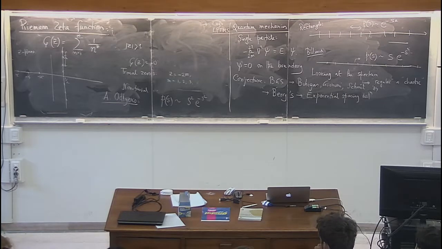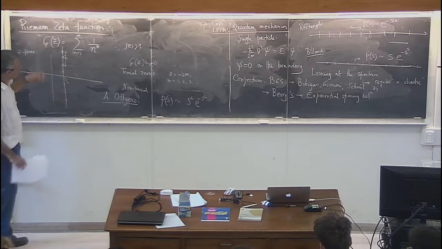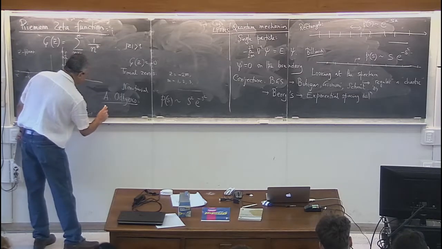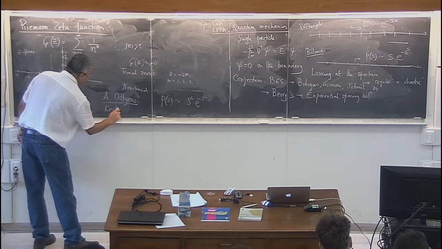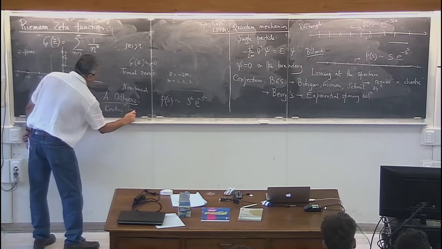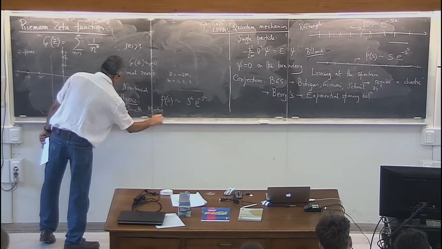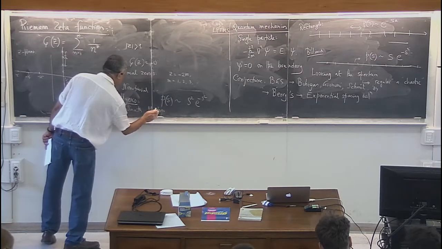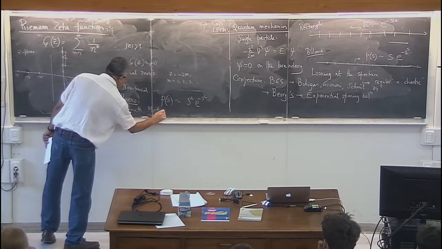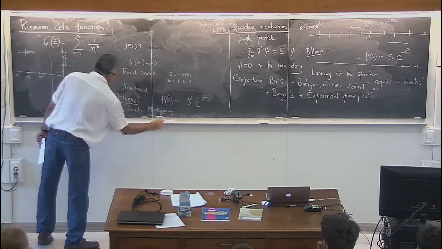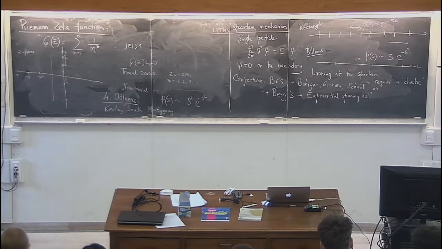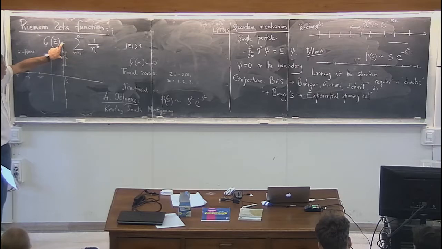Then many people, like John Keating, Smythe and Montgomery, studied detailed properties, for example the correlation functions between these zeros and the number of zeros in a given interval.